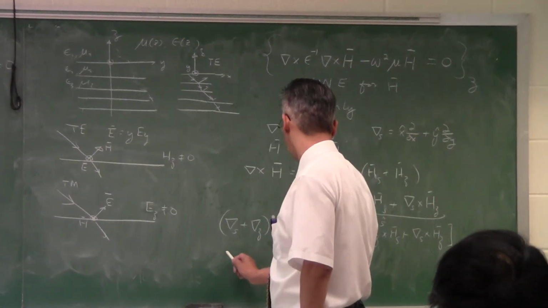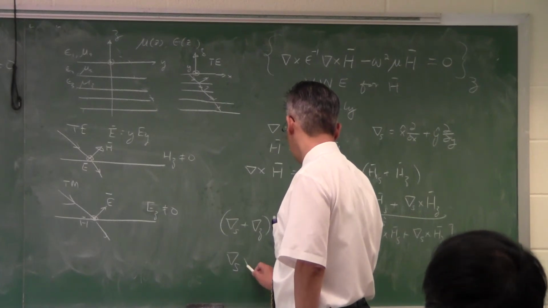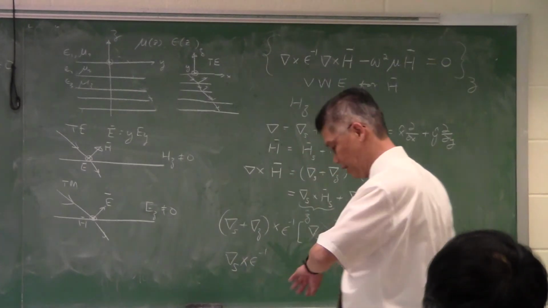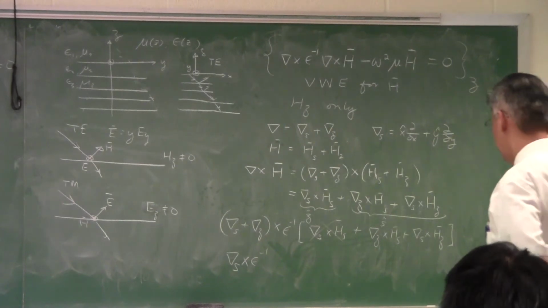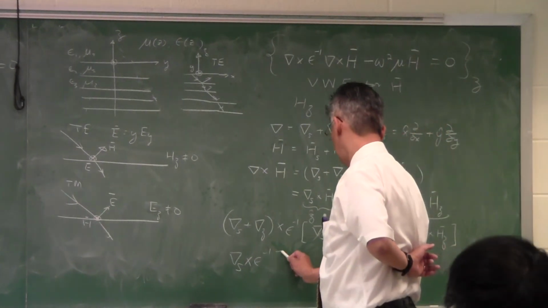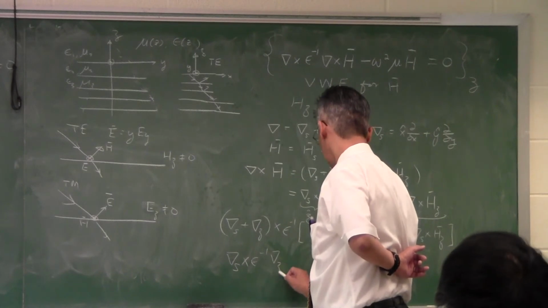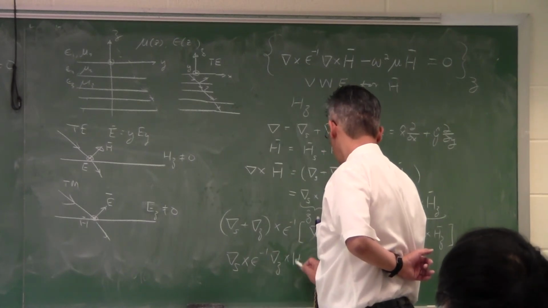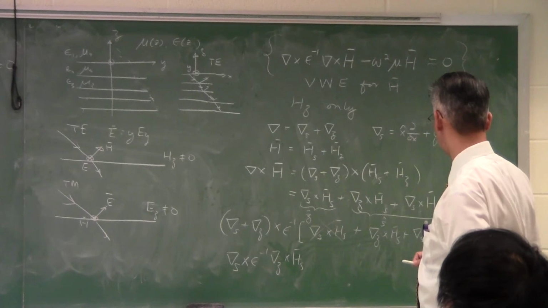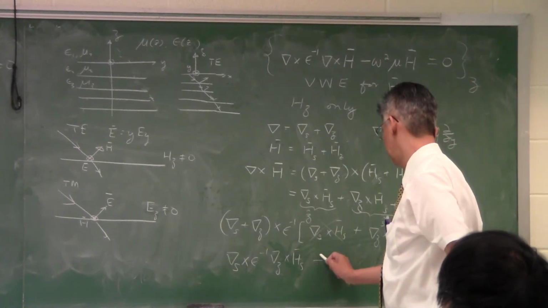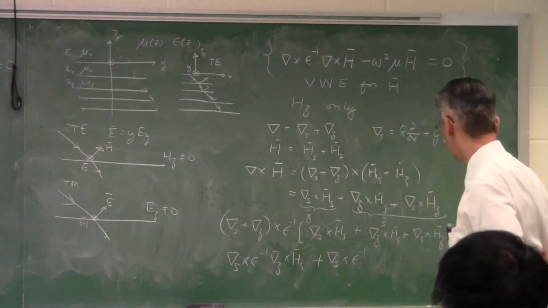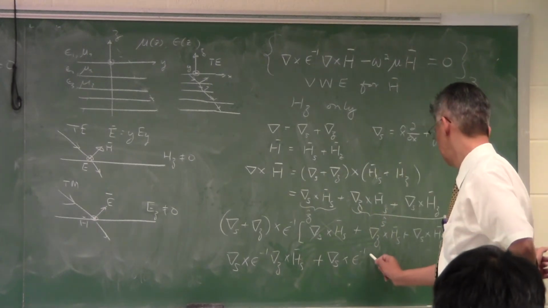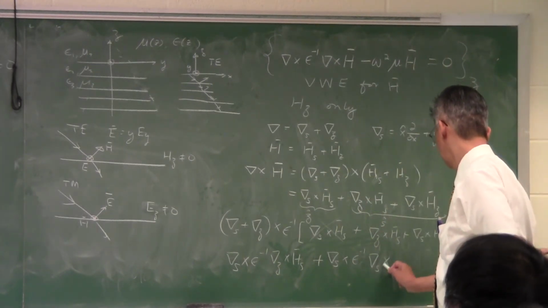So the only thing that will give me z direction only is that I would have these two terms left. This is my first term, and then I would have this term left.